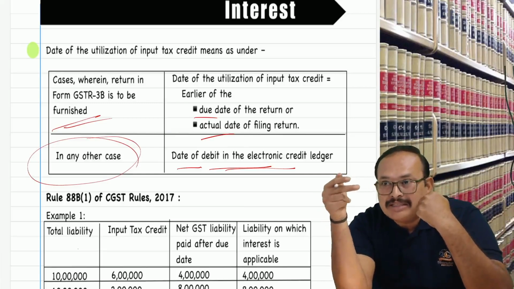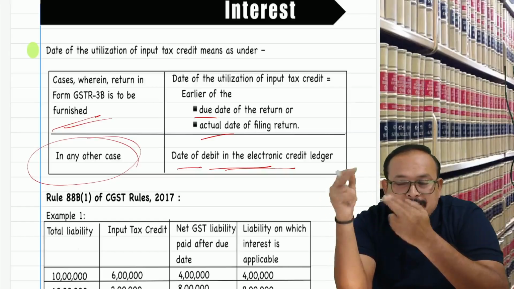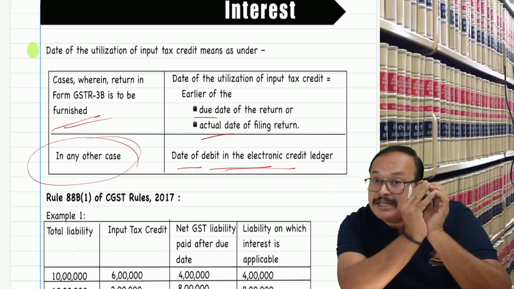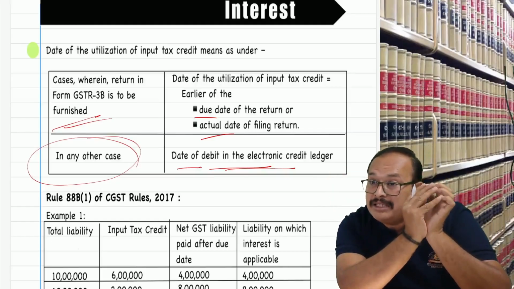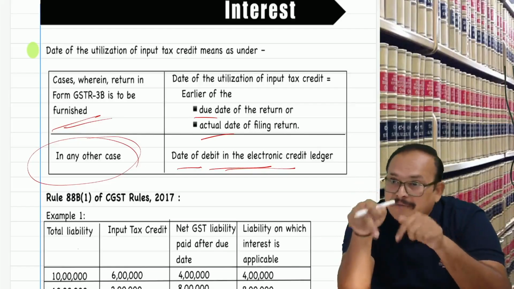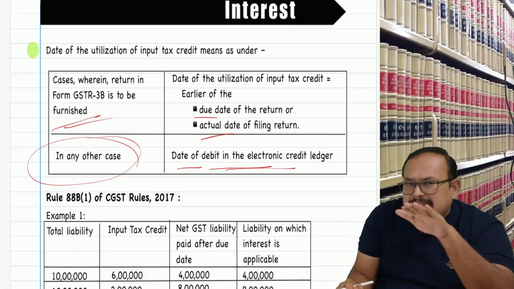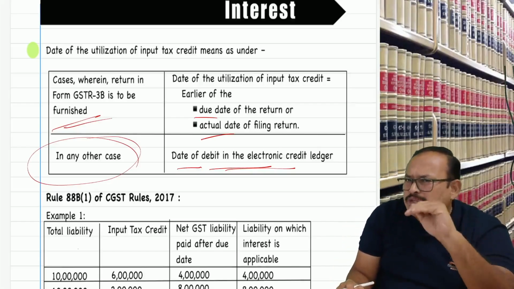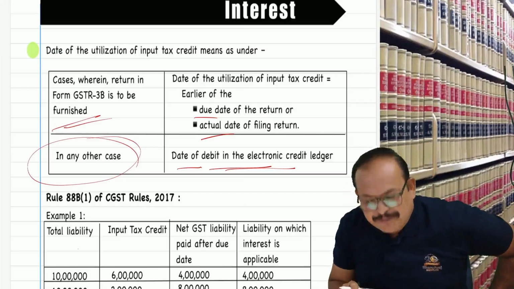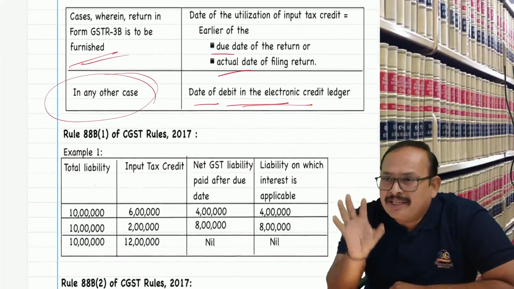While paying the 12 lakhs liability, I adjusted from the 20 lakhs. Still excess credit how much? 8 lakhs. Out of 20 lakhs credit, wrongly availed is 8 lakhs, and that 8 lakhs remains in the electronic credit ledger. In that case, what is the amount of credit wrongly utilized by me? 0. Perfectly correct.